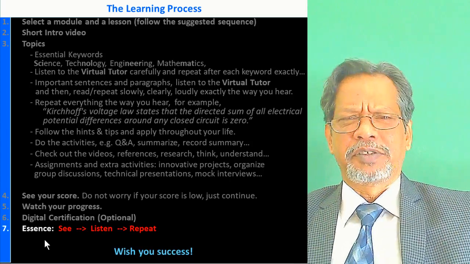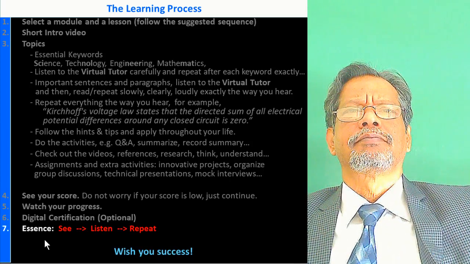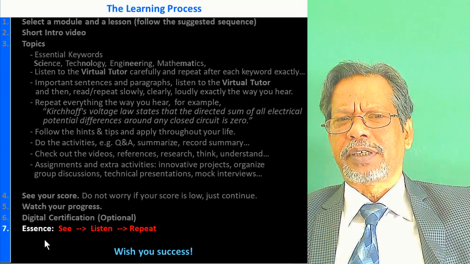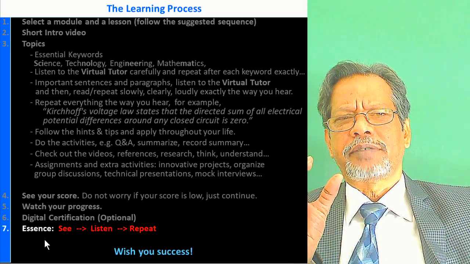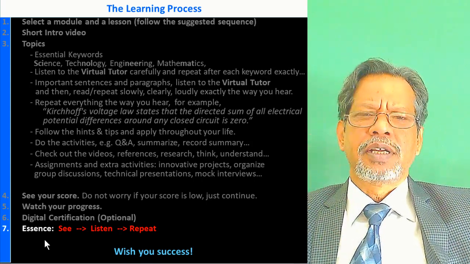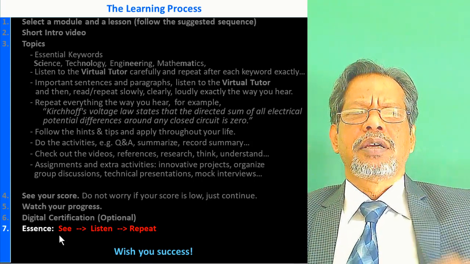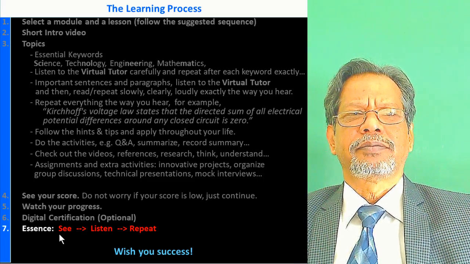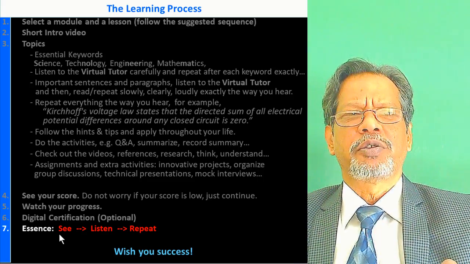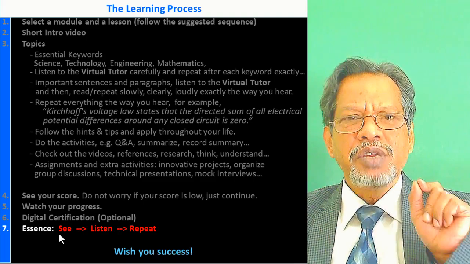What did you learn from this video? Whenever you watch something or do something, there should be some essential part to it that you must remember. The essence is this. We have spent thousands of hours creating this course for you. This unparalleled course. But you have to do your part.